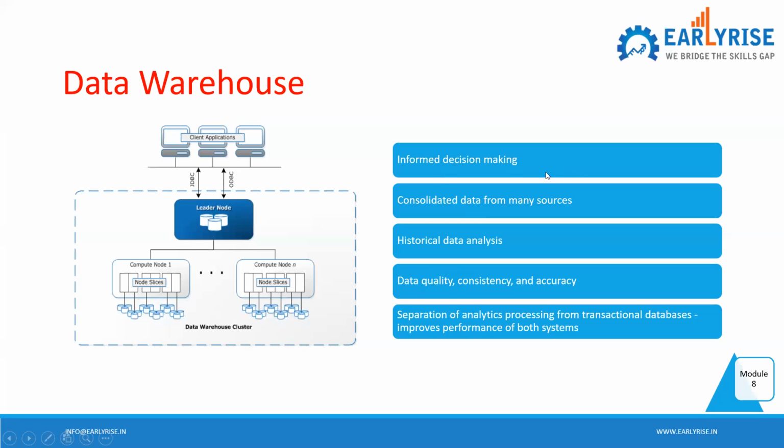This helps with informed decision making, using consolidated data from many sources. So from where is it coming? From the log files of the application, from whatever databases we created, some kind of relational databases. So data can come from those databases, and from the logs.